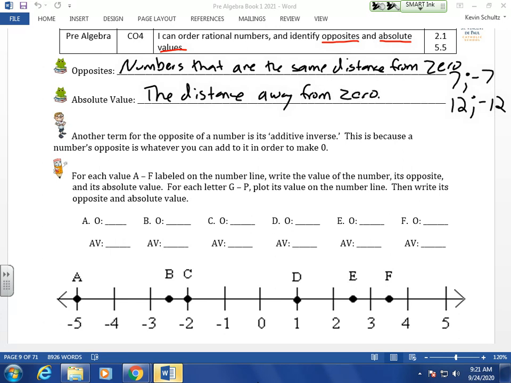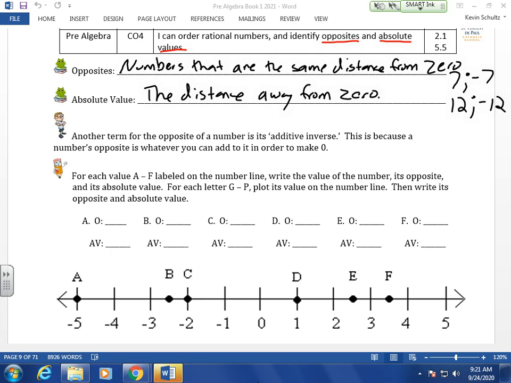So we have some similarity here between the definition of opposite numbers and the definition of absolute value. Opposites are just numbers that are the same distance, but a number's absolute value is its distance away from 0.